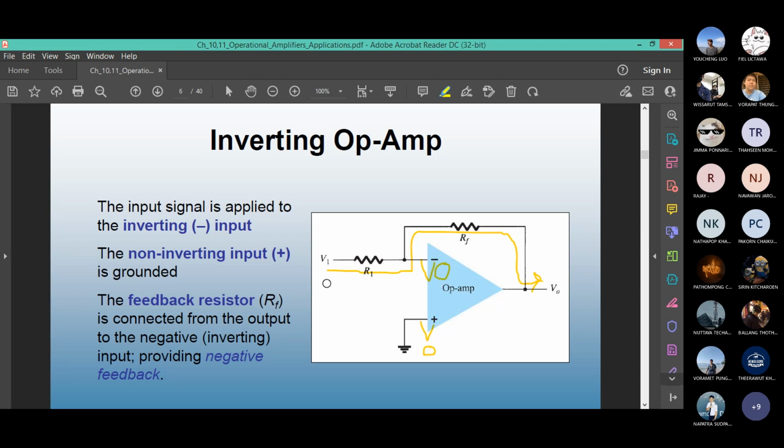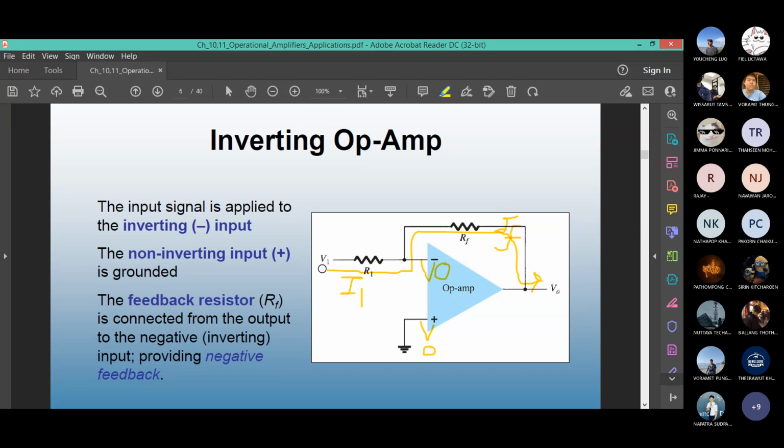So you can derive the equation. We derive the equation for the inverting op amp. We say V plus equals V minus. Also, if we call this current I1 and this current IF, I1 equals IF. The equation of I1 is what?